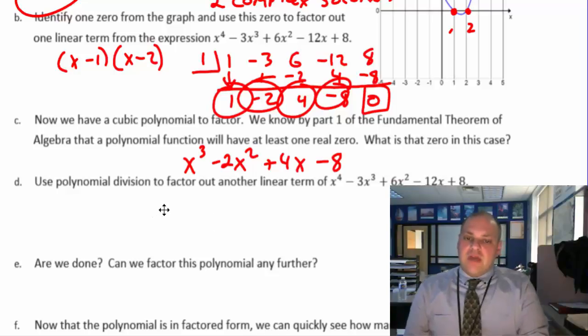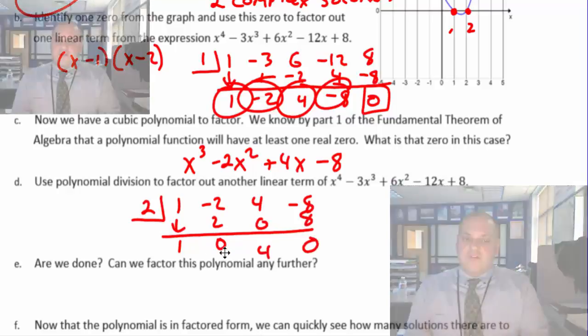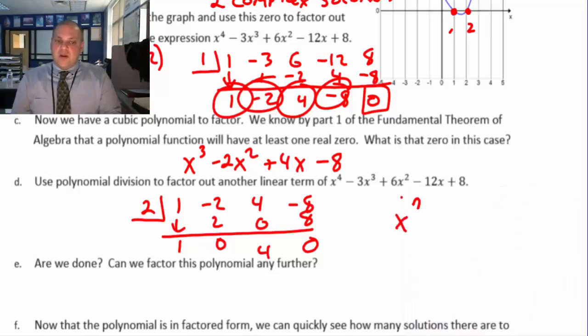All right? So now let's do another one. 2. Okay. 1, -2, 4, -8. All right, so we have 1, 2, 0, 0, 4, 8, 0. This is going to be x squared plus 0x plus 4.